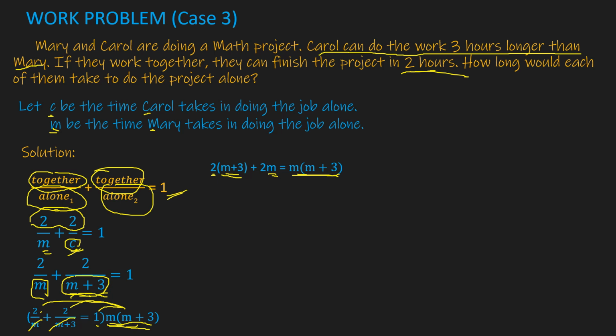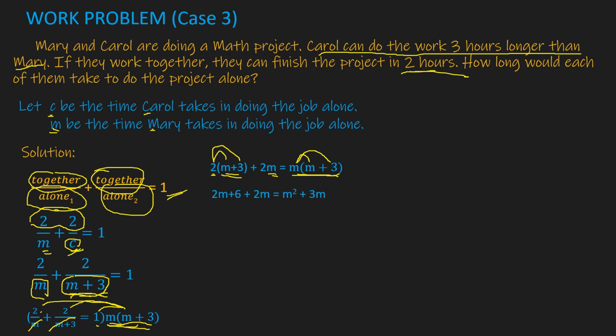Then continue by the distributive property of multiplication over addition. 2 is to be multiplied to M and 2 also is to be multiplied to 3. Same with M times M and M times 3.